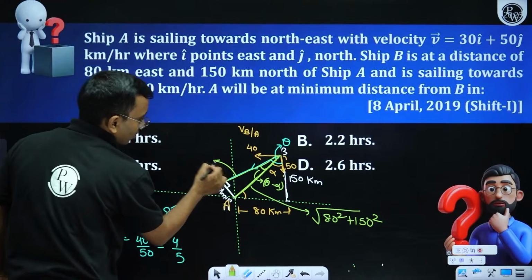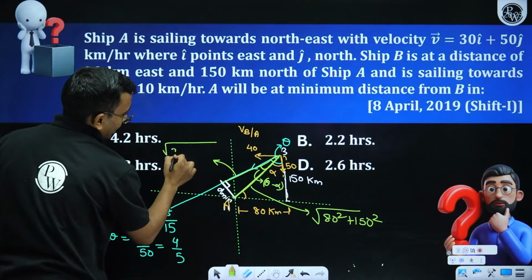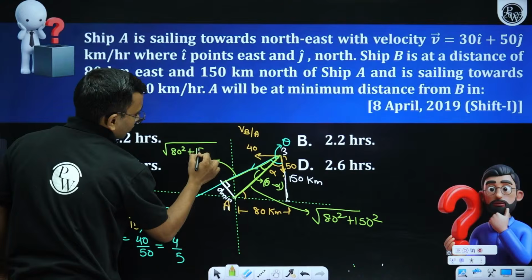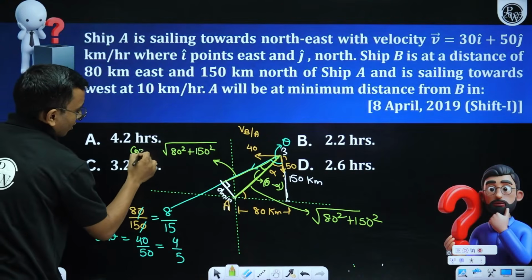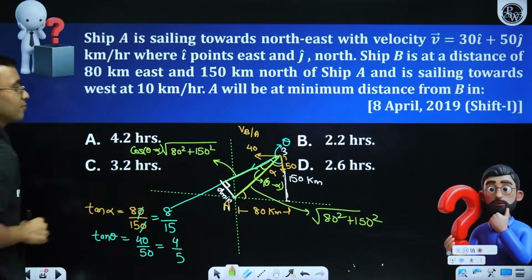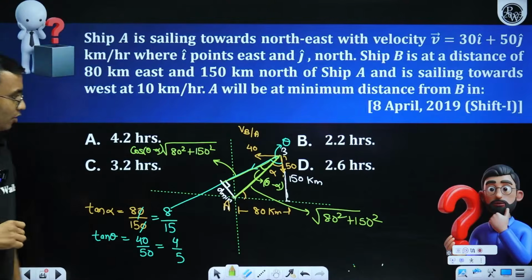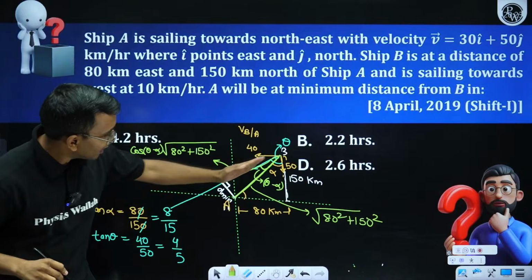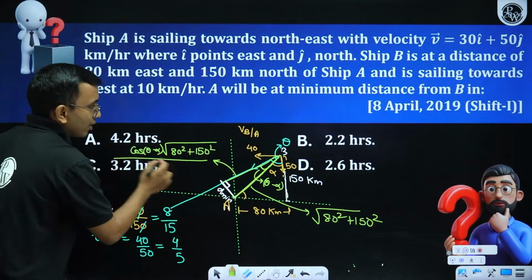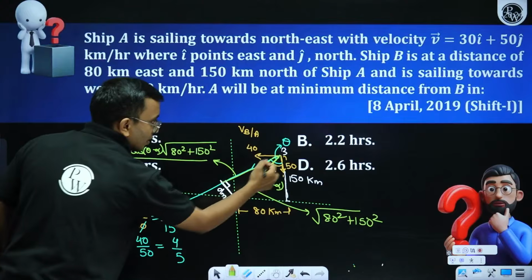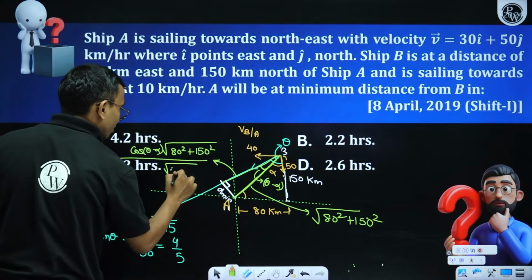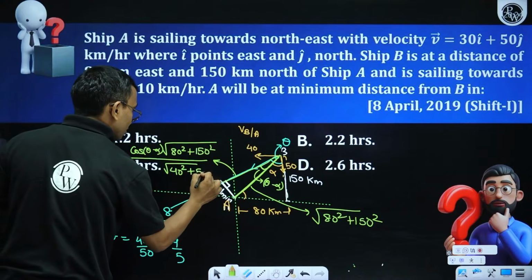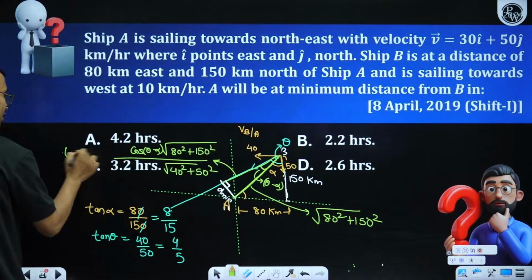So this distance will be under root of 80 square plus 150 square into cos of theta minus alpha. Okay, I got this distance, divided by this velocity. How much is this velocity? Under root of 40 square plus 50 square. This will be the time.